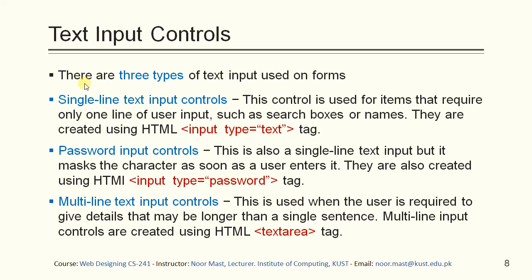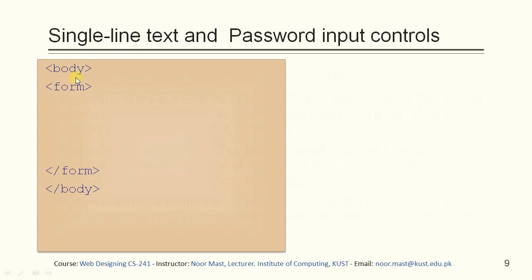The next slide shows how to define the single line text input and password control. Here we are showing the declaration of two text input controls, but due to the lack of space we are only showing the body, section and form elements. So let's first define the single line text.